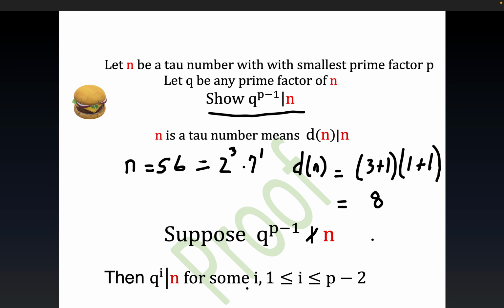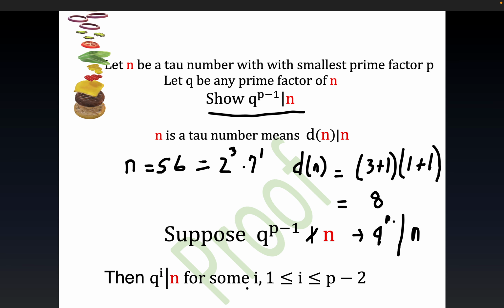Now notice you may think, well, what about large ones? Well, if q raised to the p minus 1 does not divide n, that would imply that q to the p does not divide n, and so on. I probably should say p plus i, or p plus k.